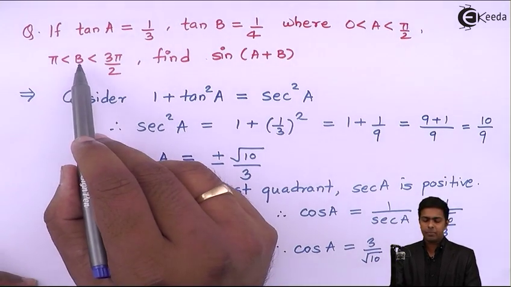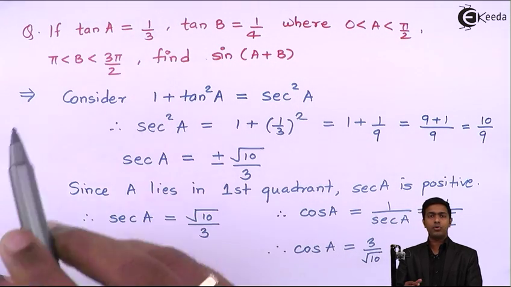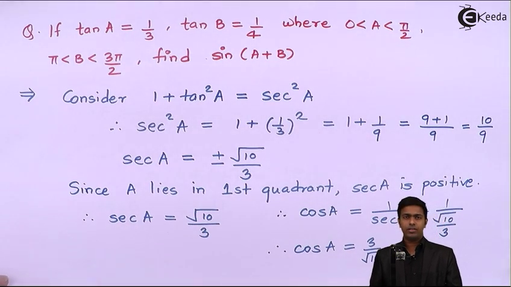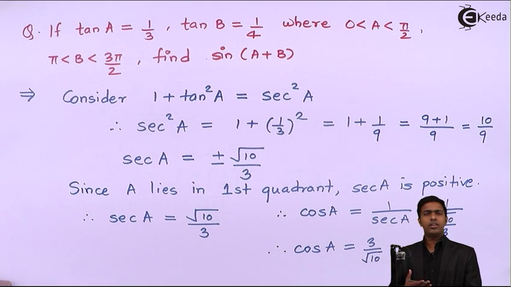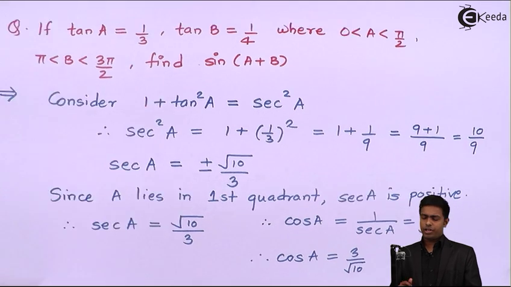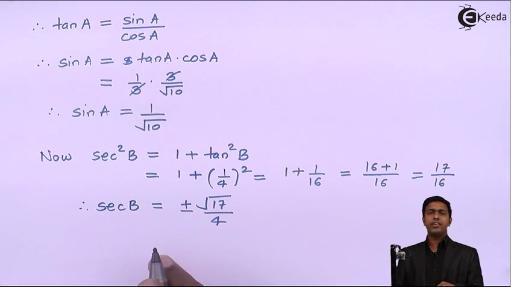Here this angle B lies between pi to 3 pi by 2, it means it lies in the third quadrant. In the third quadrant we know that tan and cot are positive. So it means sec is negative in the third quadrant.